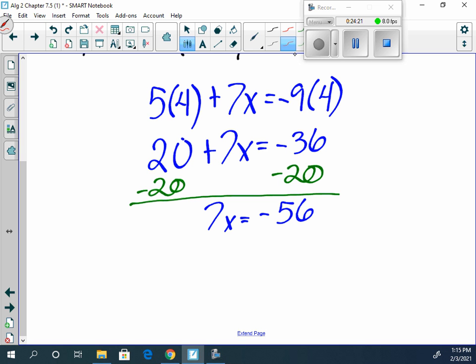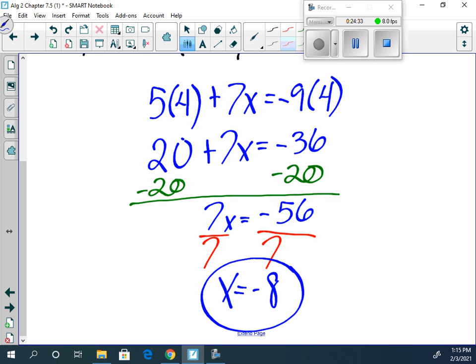And last but not least, we can divide both sides by 7, which tells us x is equal to negative 8. Now, is negative 8 one of our restrictions? Well, no, so it works, yes? And that's our answer.